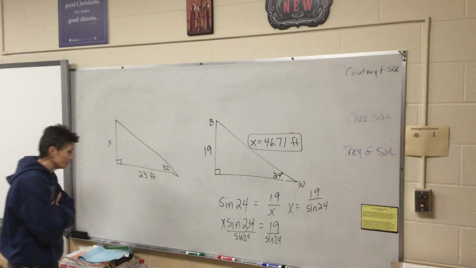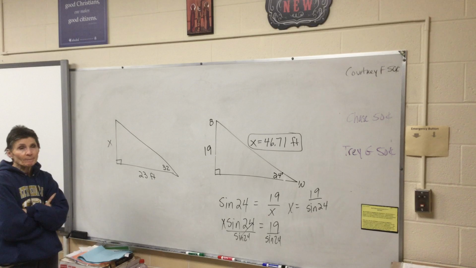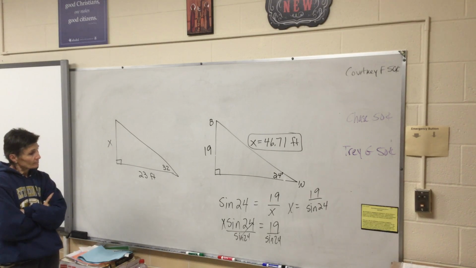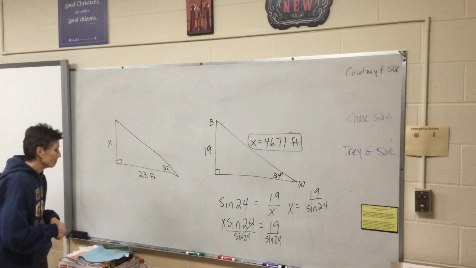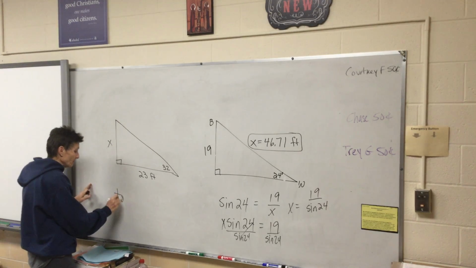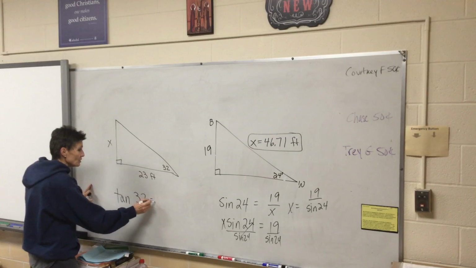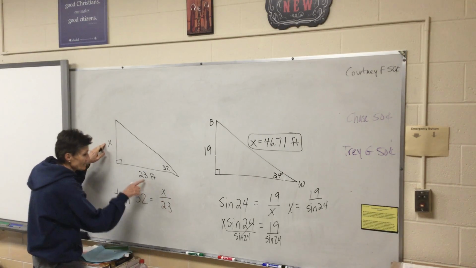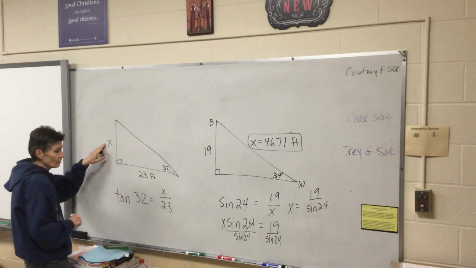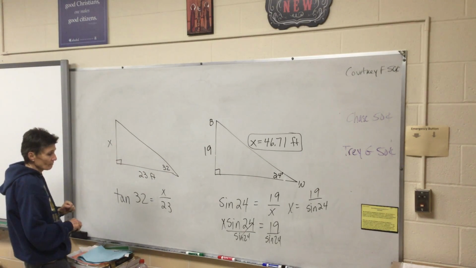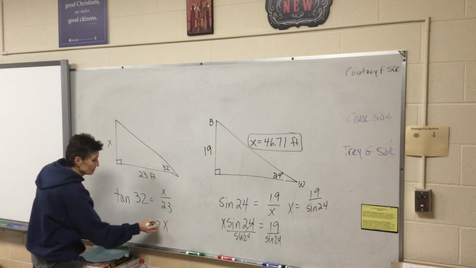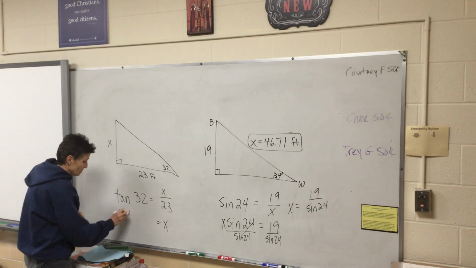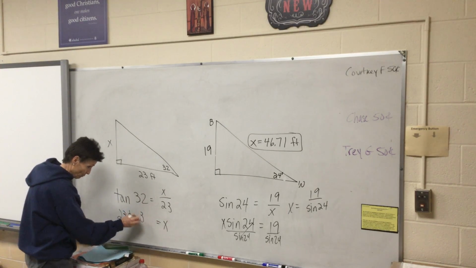Somebody have an idea for an equation? Tangent. Yep. It's going to be a tangent problem because the tangent of 32 equals opposite over adjacent. Opposite over adjacent. So I'll multiply by 23.